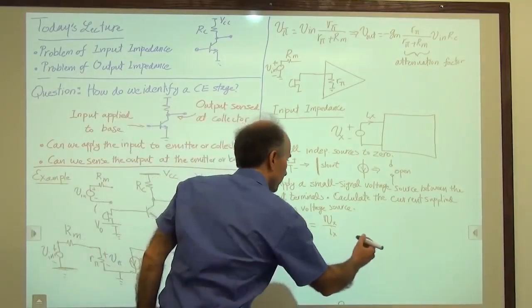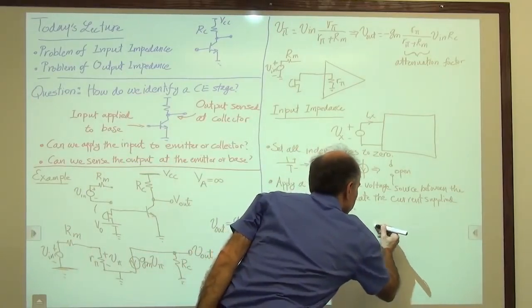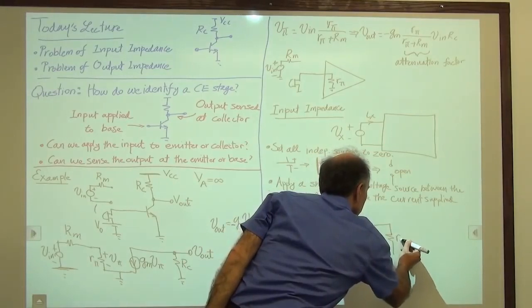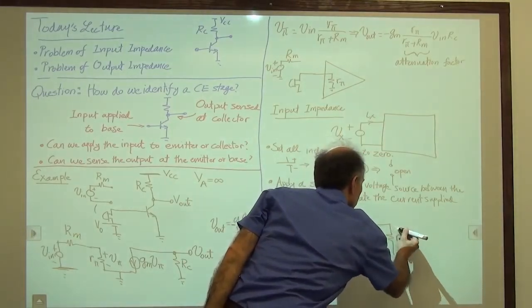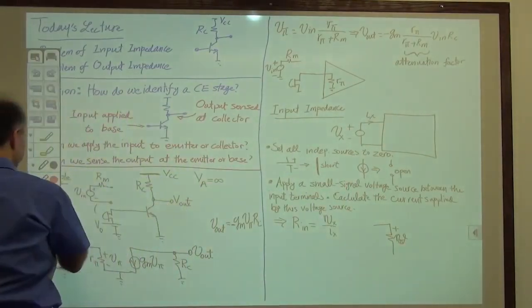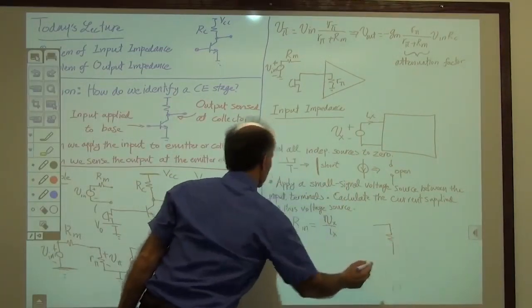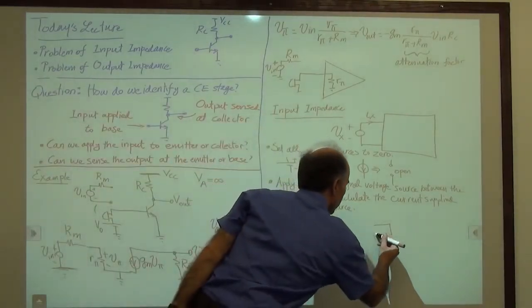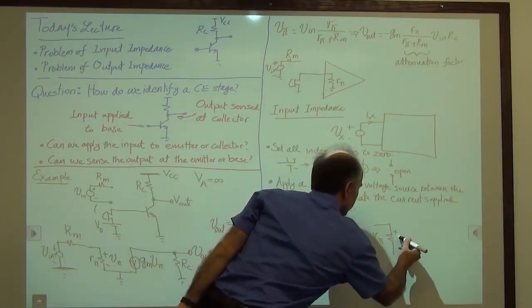All right, so for the common emitter stage, here's what we have. We draw it again. We have R pi with a voltage of V pi.